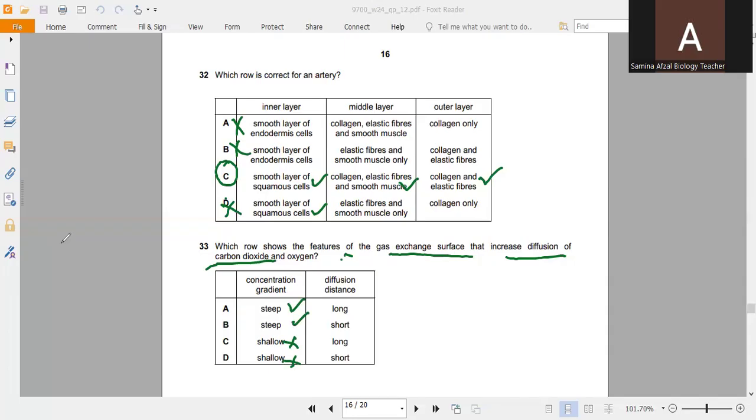If it is steep, the diffusion distance will become short. So when this is steep, the difference is decreased. So the diffusion distance becomes short, due to which the diffusion of the gases will take place fast. So the answer is B.